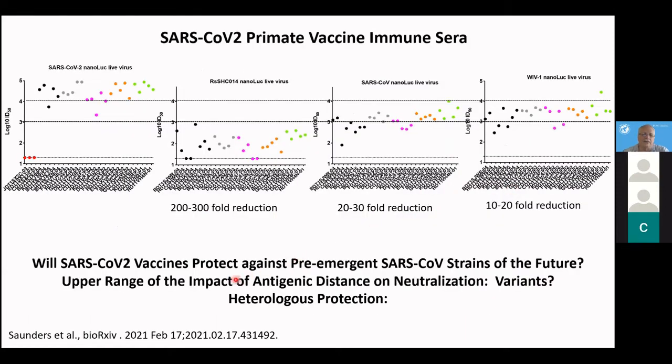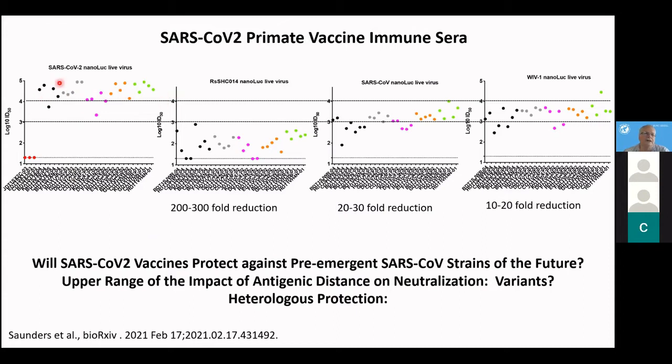So this is some work that we just put up on bioRxiv in collaboration with Barton Haynes's group that looks in primates vaccinated with various vaccines and looks at their ability to protect primates or to neutralize virus from different SARS-like coronavirus strains.